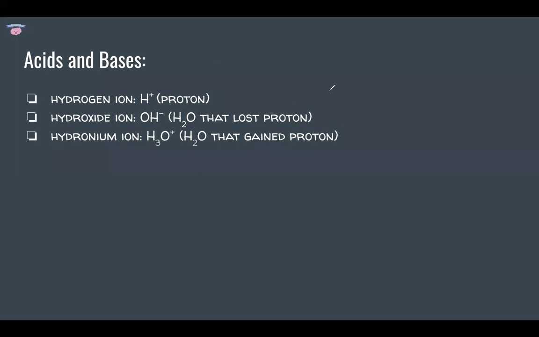For example, if we had two H2O molecules right here, then this proton goes here. This one becomes OH- because it lost a proton, and this one becomes H3O+ because it gained a proton.